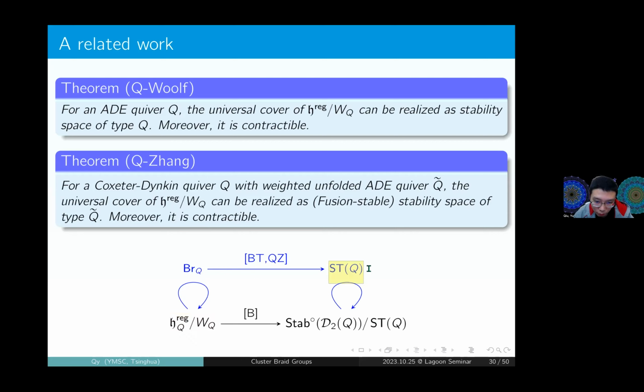And the Seidel-Thomas spherical twist group conjecturally is identified with the braid group, which was proved by Brav and Thomas in the ADE case, and in BCFGHI, we have another proof using fusion stable stuff. Yeah, but that's kind of the application of why we introduce this cluster braid group: we conjecture that this should correspond to the Seidel-Thomas spherical twist group.